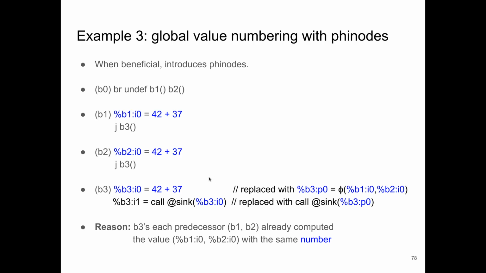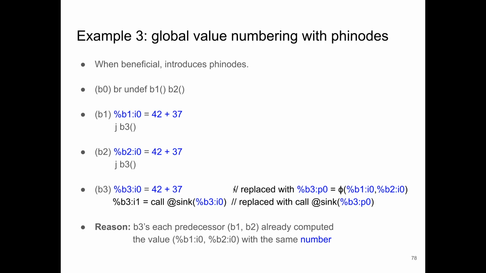Okay, so by replacing this computation with a phinode, we can effectively reduce the number of arithmetic instructions involved in this computation. And we can hope that it will actually improve the performance and energy efficiency by reducing an arithmetic instruction.